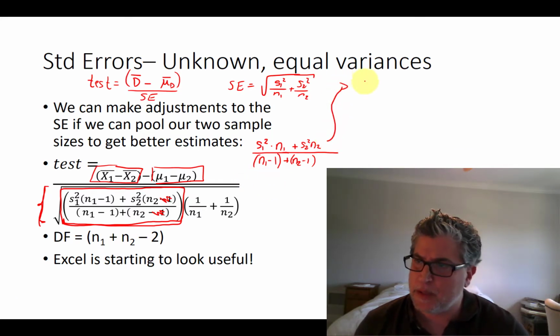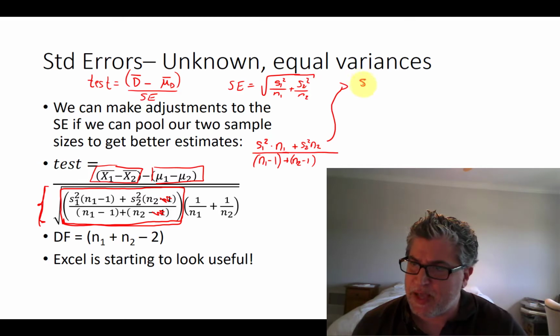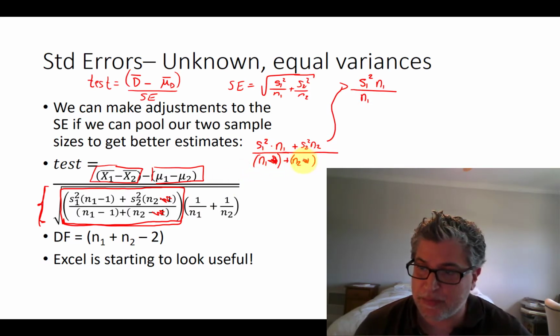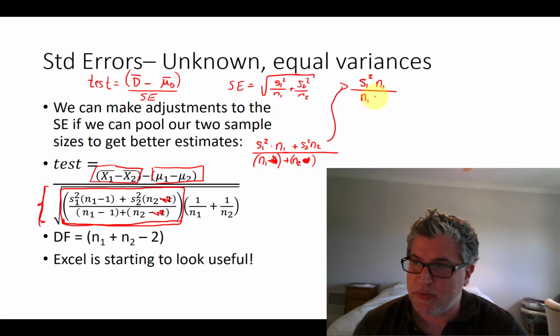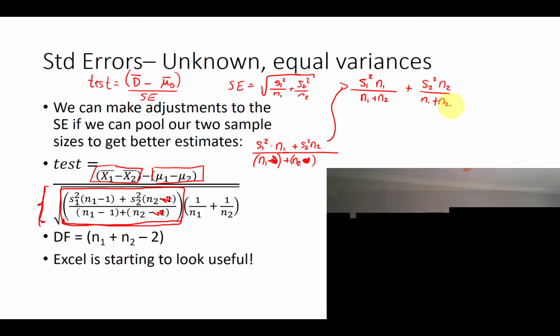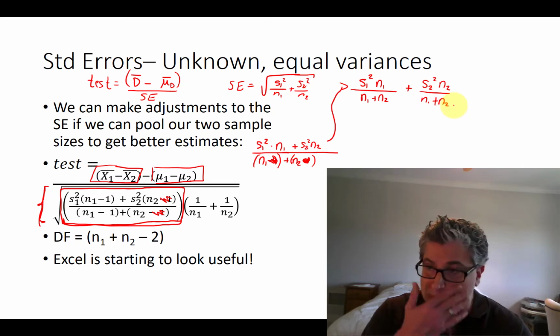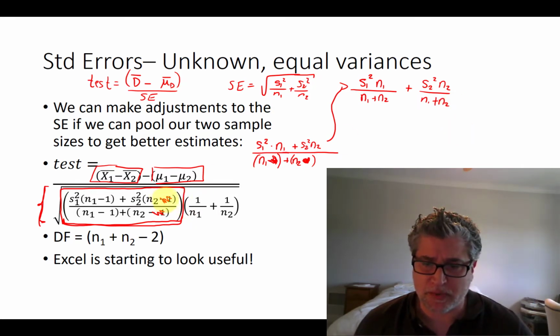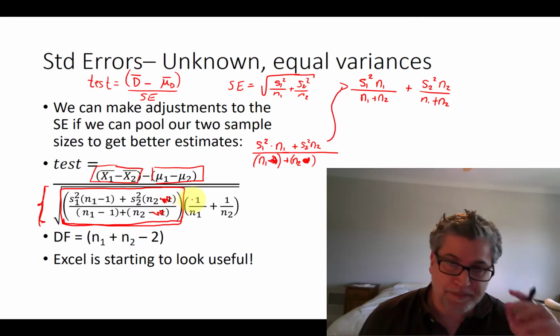Let's split this up. So we have S1 squared n1 over n1 plus n2, plus S2 squared n2 over n1 plus n2. Now that definitely looks simpler, but then again, probably just because we forgot that minus 1 bit.